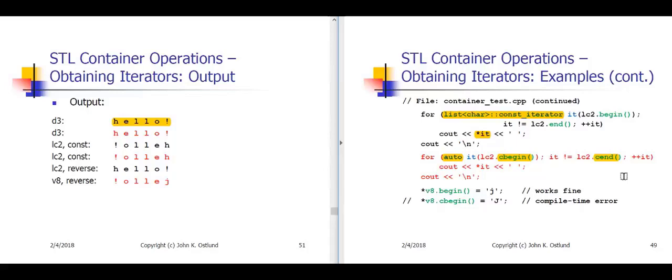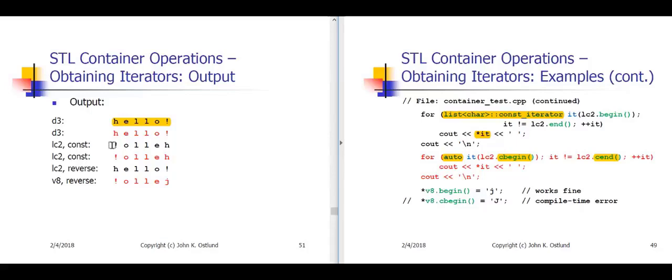Okay? cbegin and cend yield const iterators, and so now we can use auto to say I want it to be initialized with lc2.cbegin, that is a const iterator that is, quote, pointing to, unquote, the initial element of this list. And then we go up to, but not including, the const iterator lc2.cend.